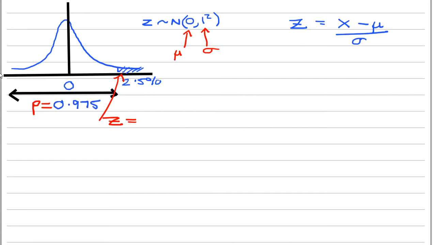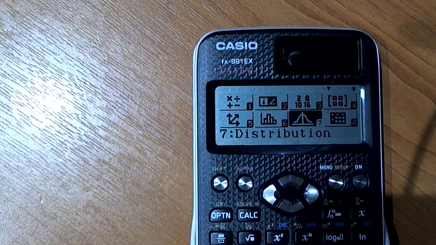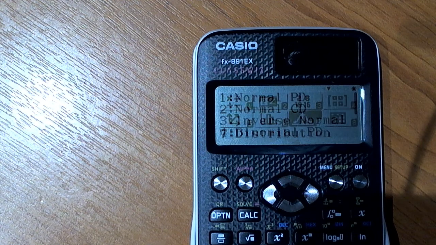So I'm just going to write that in there, 0.975. Now I mentioned before we're going to be using the Z distribution because we weren't given mu in the question. So this distribution here has our mu as 0 and our standard deviation as 1. So we're now going to use the ClassWiz calculator because I want to find this Z value, and I'm eventually going to put that value into this equation here to find mu. With the ClassWiz calculator, we want to use menu 7.